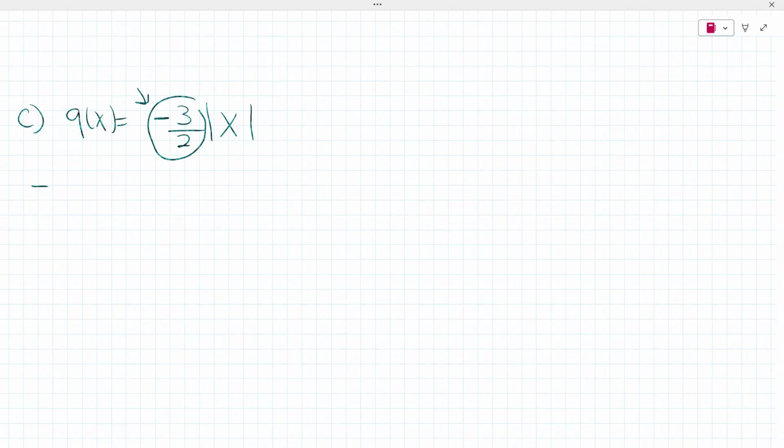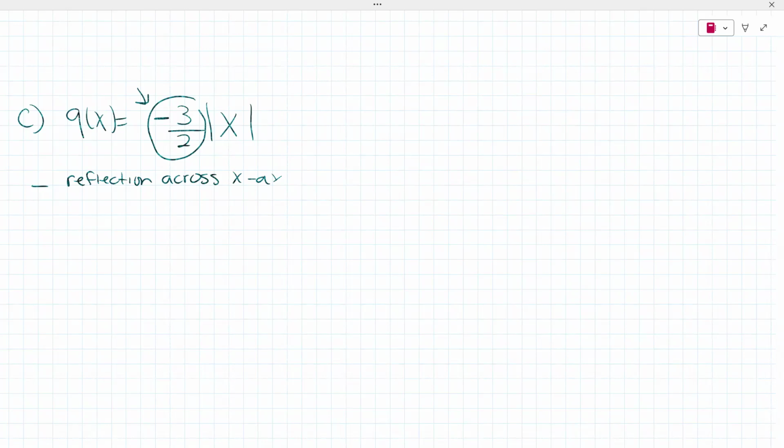Now, is that across the x-axis or the y-axis? I believe if it's in front of the f of x, it's a reflection across the x-axis. Okay, but what about the 3/2? That's a scalar. That's an a value, which is, what is 3/2? 1.5, right?